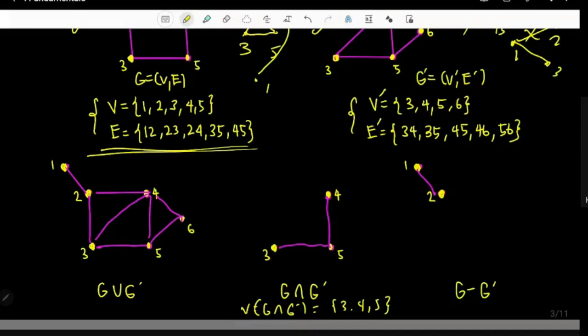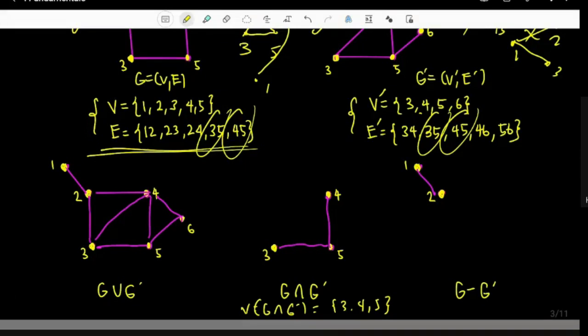Alright. So, what are the edges? The intersection of the edges here. So, what are the common edges on our E and E prime? So, those are precisely the edges 3, 5, and 4, 5. So that's your intersection. That's the edge of G intersection G prime.